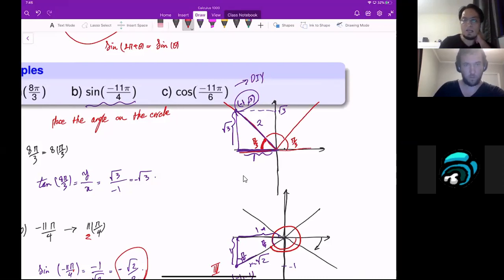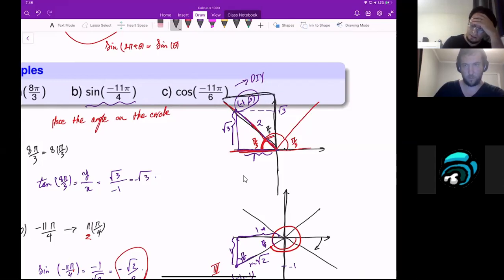So if I want to use one of those triangles, I should put a triangle here which has the pi over 3 angle there, and I will put it like that. You may say, okay, I could have put, because I know that this is, for example, pi over 6, the other triangle here.